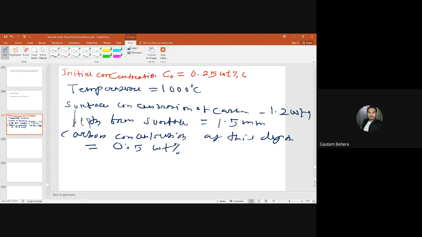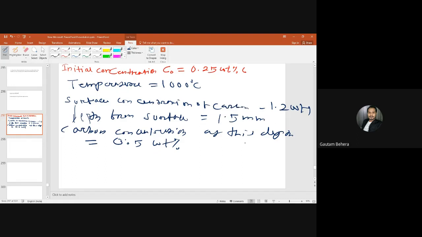So at this depth of 1.5 mm, we want 0.5% carbon. This is double the initial concentration: you can see this is 0.25 and this is 0.5.